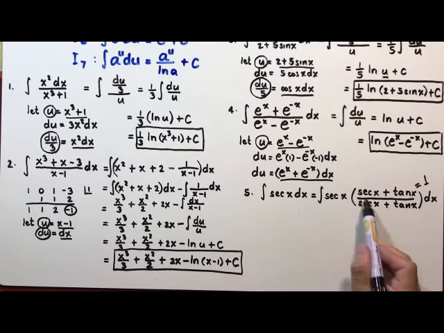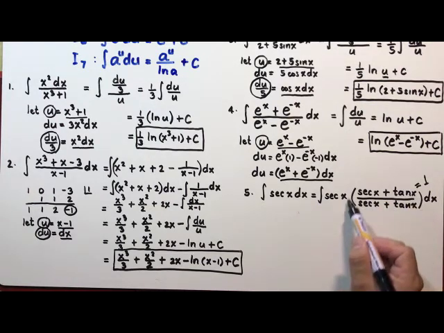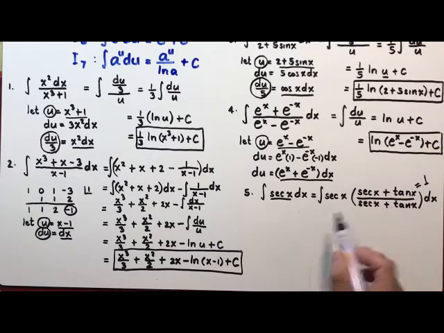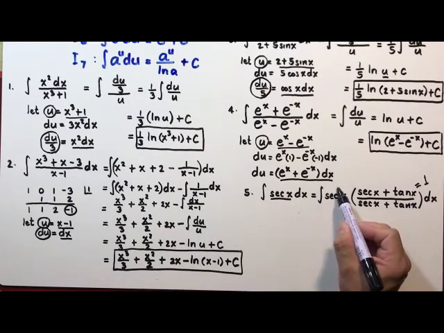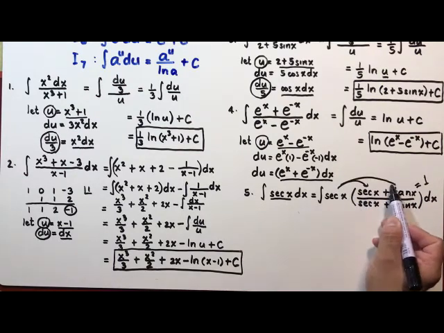Why? Because this is an expression divided by itself. So this is just equal to 1. So this integrand is just the same as this integrand, but we just transform to another form. So when I multiply this one, I need to distribute our secant x to this binomial.